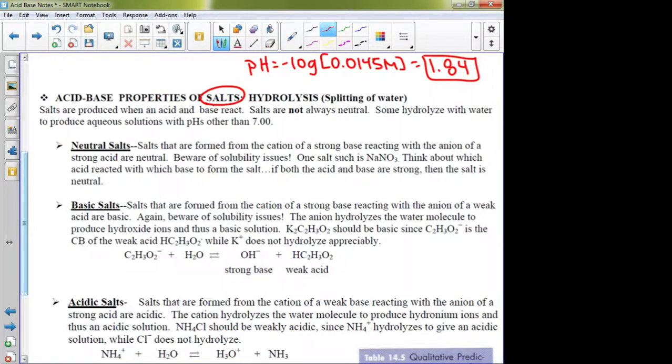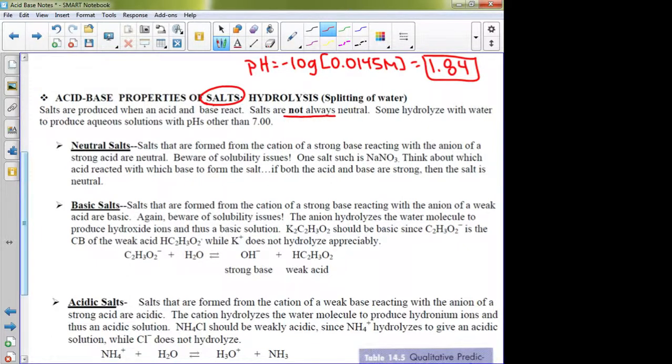No. Remember, we talked about last year how when I say salt, you can't think NaCl, and that's the only salt that exists on the planet. That is not the only salt. Remember, salts are when I've got that positive ion bonded to that negative ion, when I have a metal bonded to a non-metal.